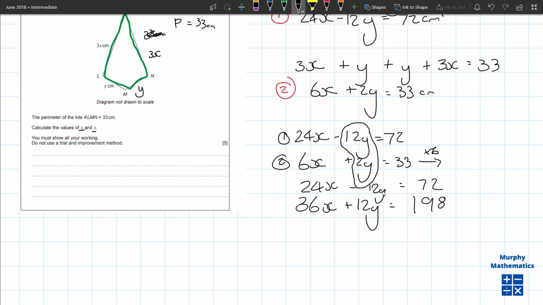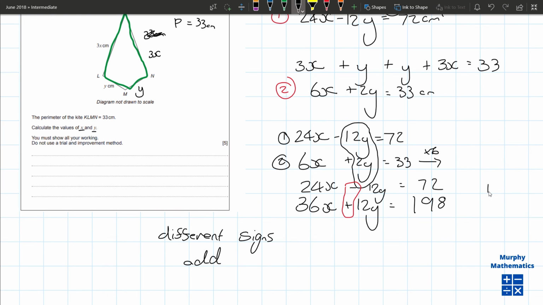Because the y's are now the same, we look at the signs. They have different signs, so we add them. If they had the same sign, we'd subtract them.